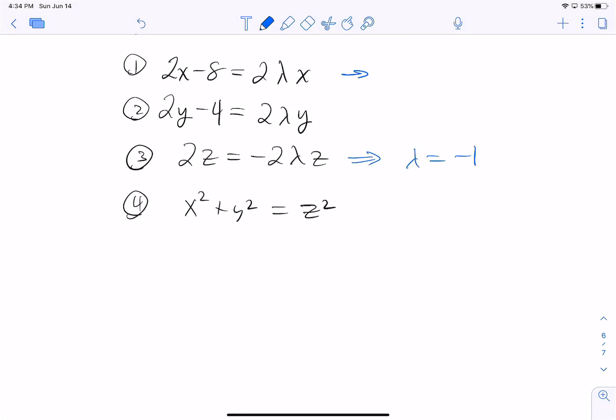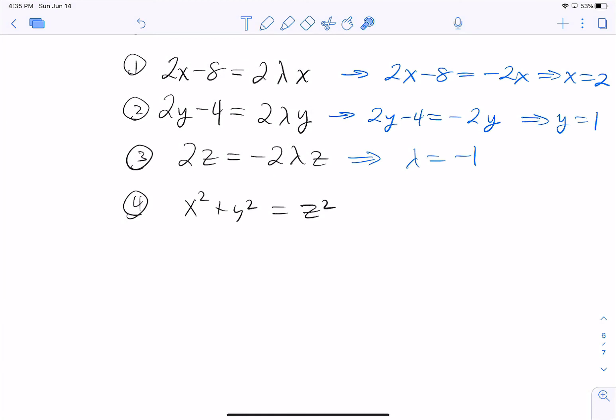If lambda is equal to negative 1, then the first equation gives us that 2x minus 8 is equal to negative 2x, which would mean that x is equal to 2. The second equation would give us that 2y minus 4 is equal to negative 2y, which means that y is equal to 1. Our constraint equation will then give us z.